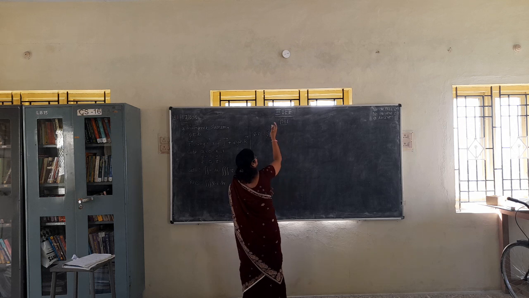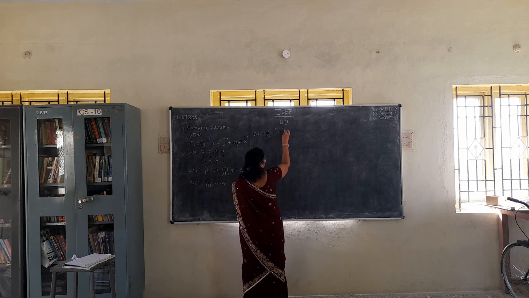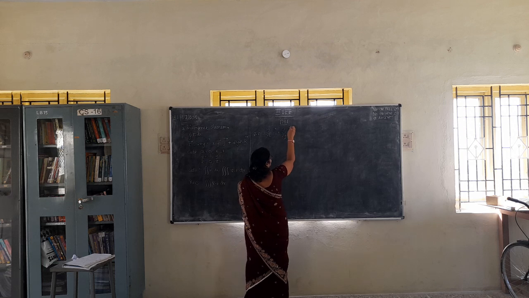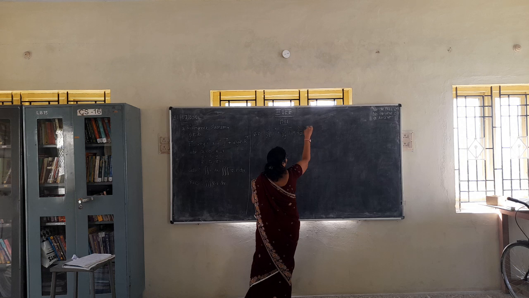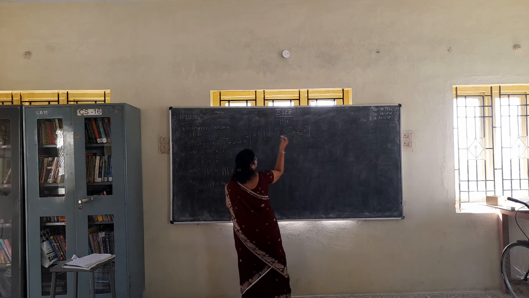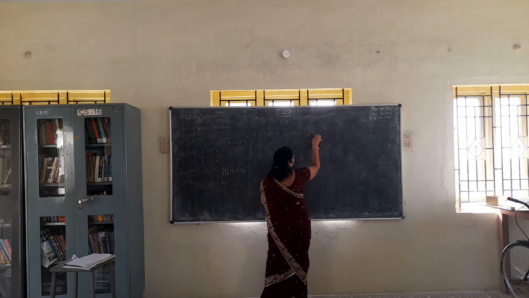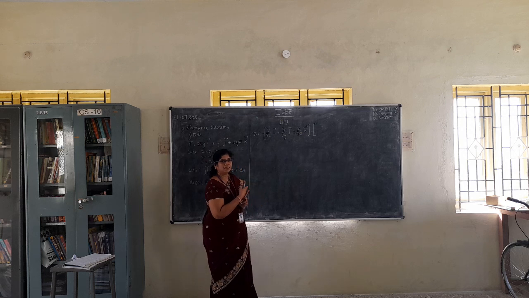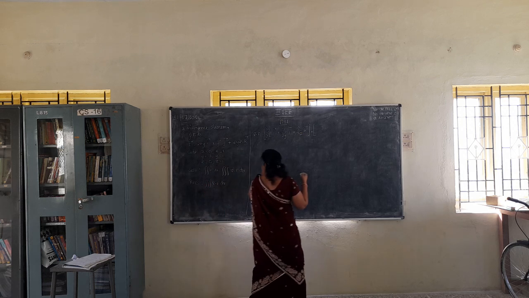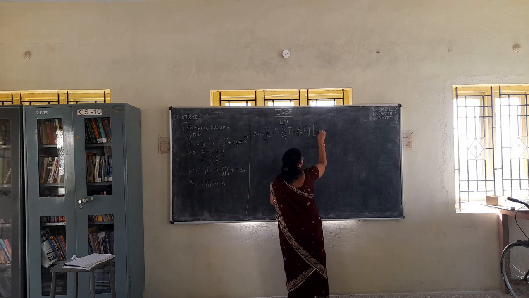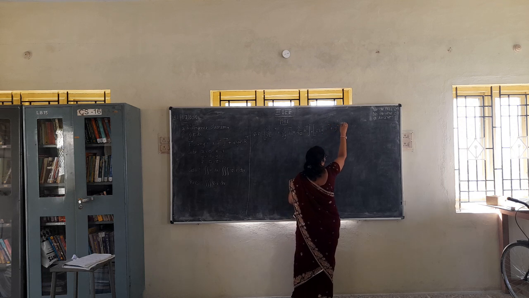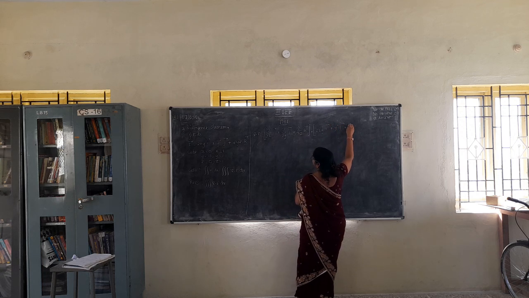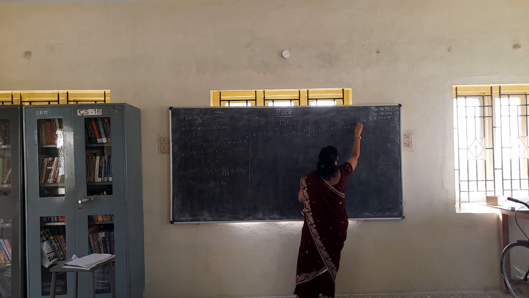So here dou by dou x i vector plus dou by dou y j vector plus dou by dou z k vector, dot, here it represents divergence, f vector, 2xy i vector plus y square j vector plus 4yz k vector.